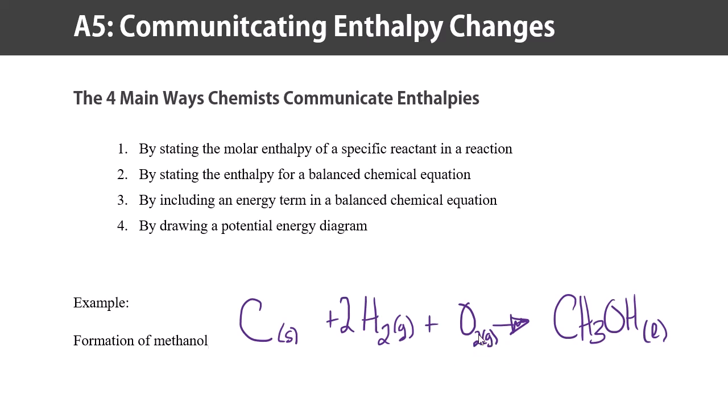Now, we would normally double my oxygens on this side. That means that I've now got 8 hydrogens, so I need 2 times 4. It's 8. I've now got 2 carbons, and I can balance this oxygen with a 1, right? So I've got 2 oxygen atoms on the left and 2 oxygen atoms on the right.